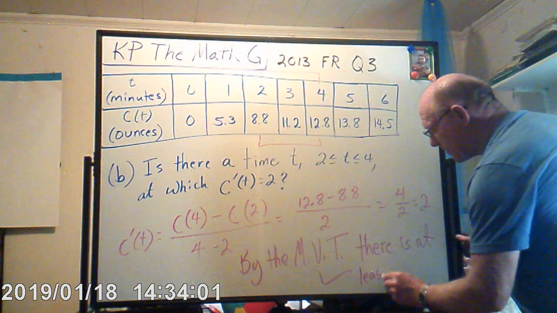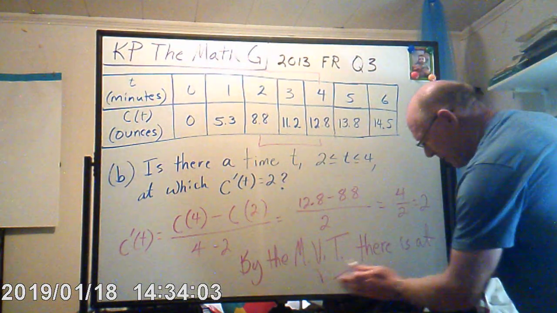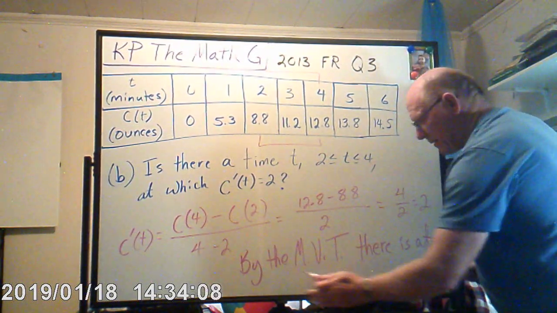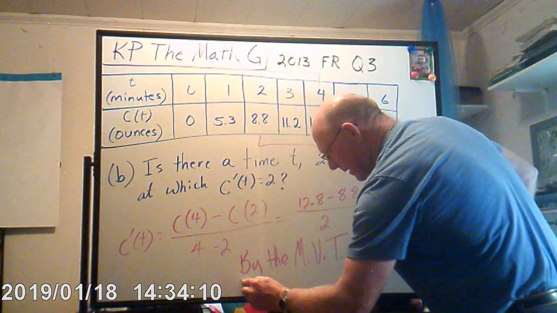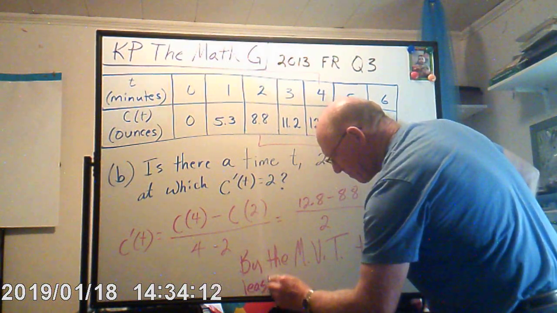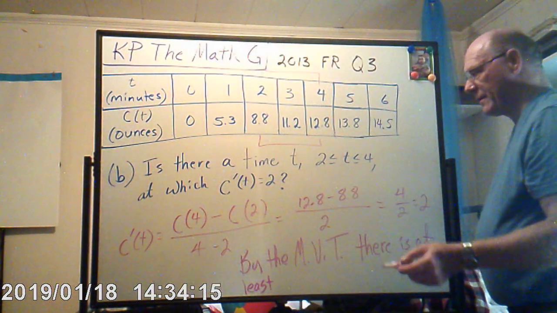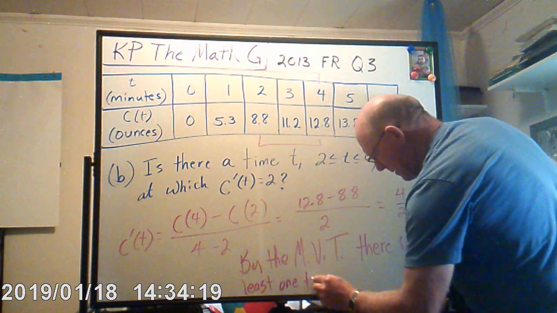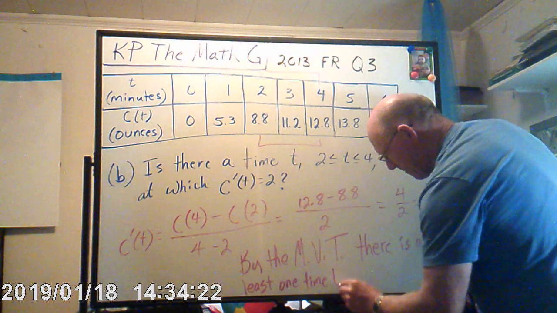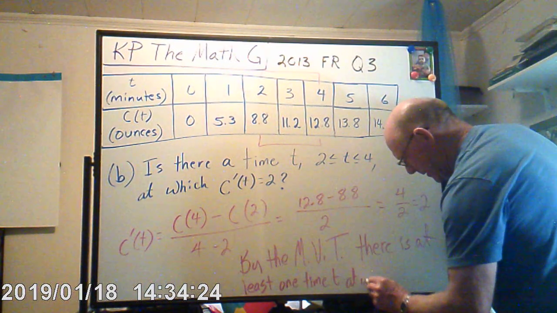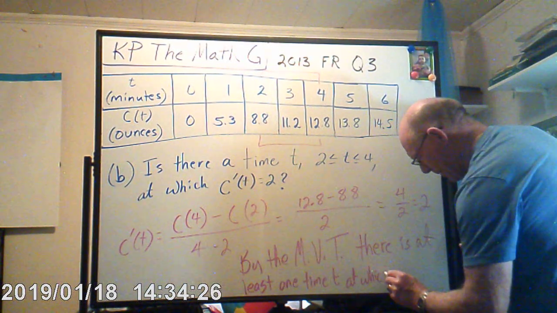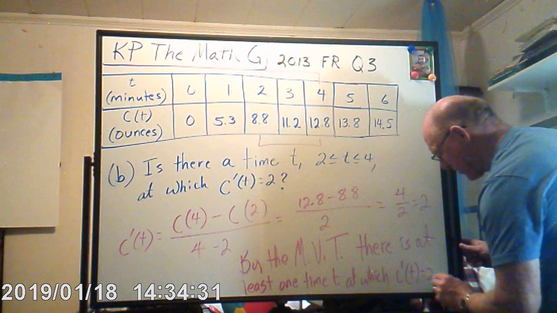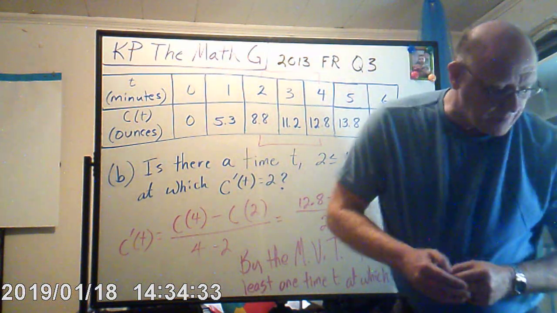I'm not going to be able to write this out here. Let's write it out over here. Sorry about that. There is at least one time at which C prime of t equals 2.